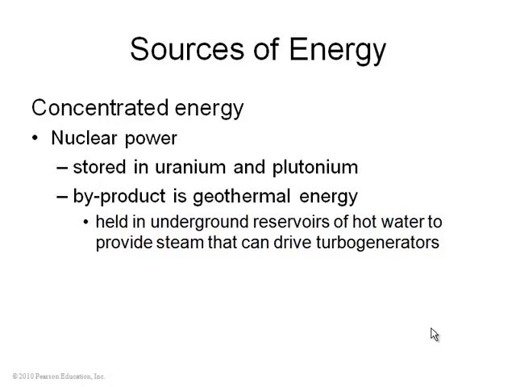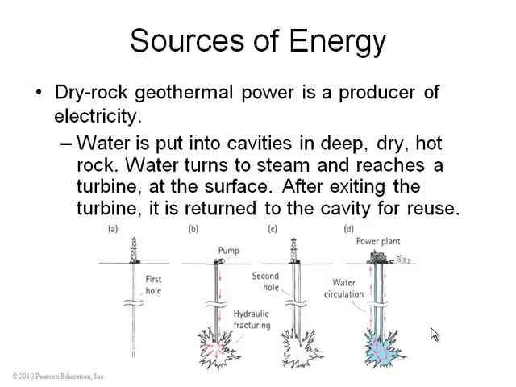So we can make nuclear power ourselves, and geothermal energy comes from the nuclear power that's natural. Underneath the earth you have these reservoirs of hot water that we can tap to drive turbo generators.